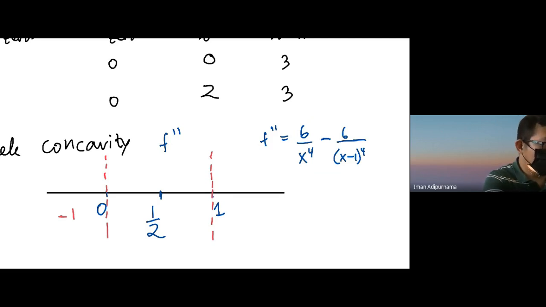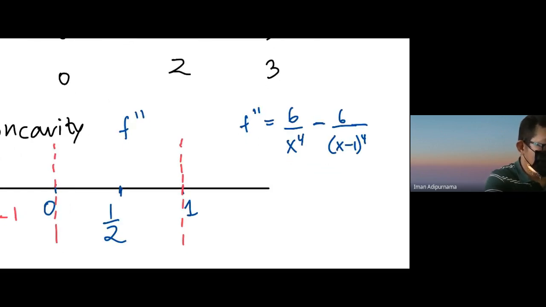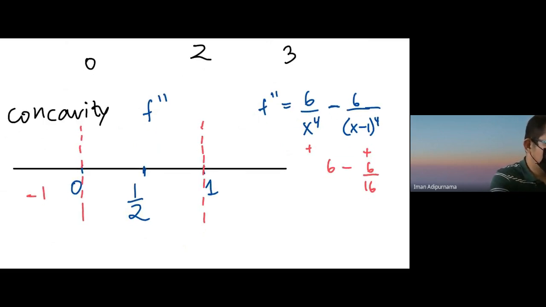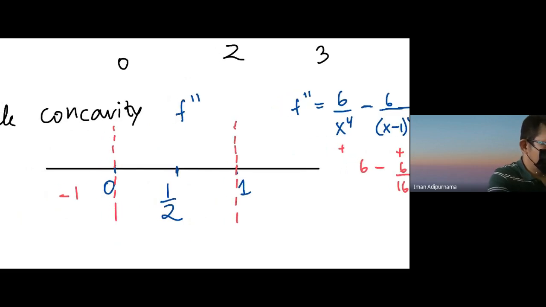If we check here, I think it's better, right? It's easier. It's positive. So 6 minus 6 over -2 to the 2, 4 to the 4, 16. It's positive, right? It should be positive.